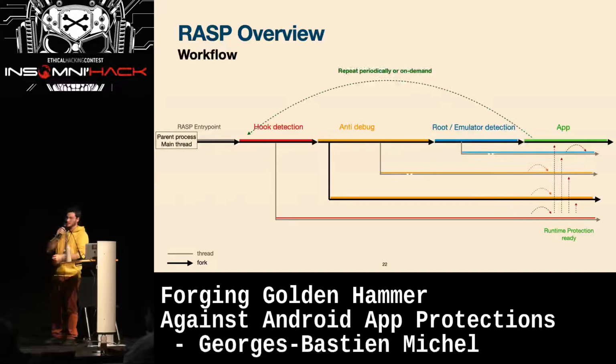Okay, and finally, the execution flow returns into the app, and you have a lot of threads running in the background doing such checks periodically, or only on demand when the application wants to do something sensitive.